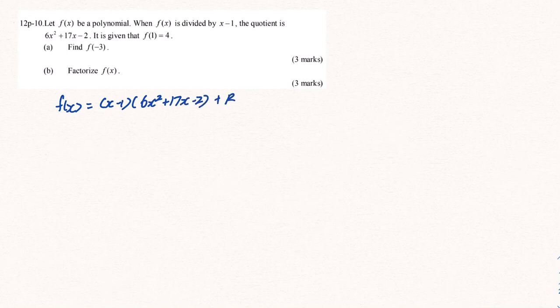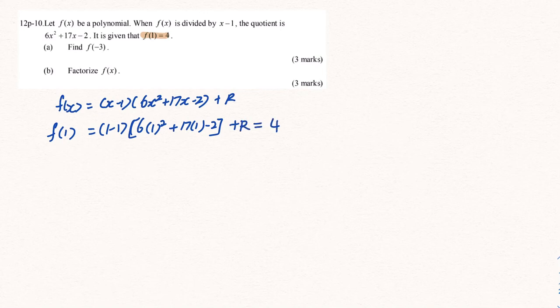So this is your f(x), and the first thing you are given is f(1) is 4. So instead of x, we have 1 now, so you also put that. f(1) will be (1 minus 1) times (6x squared plus 17x minus 2), plus r, equals 4. 1 minus 1 is 0, and 0 times anything is 0.